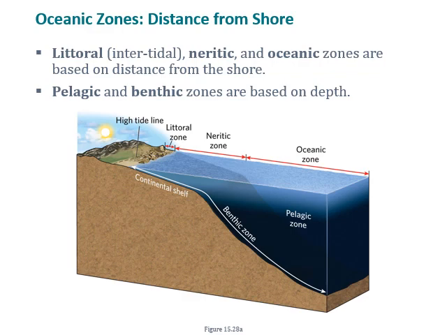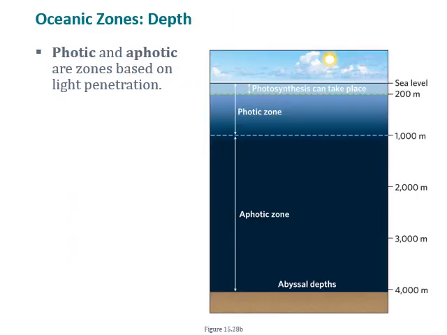There's also a way to describe oceanic zones based on depth. These would be pelagic and benthic. Pelagic being the swimming environment and benthic being the near bottom environment. Another way to describe oceanic zones based on depth is through the photic and aphotic zones.